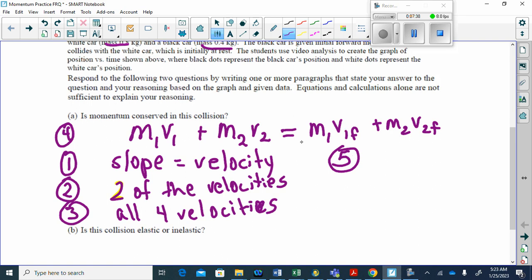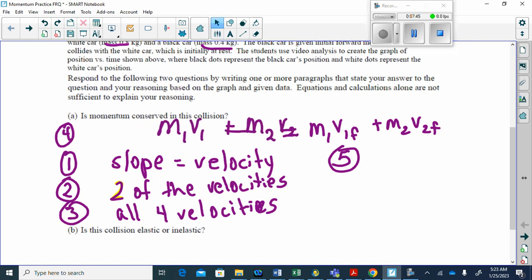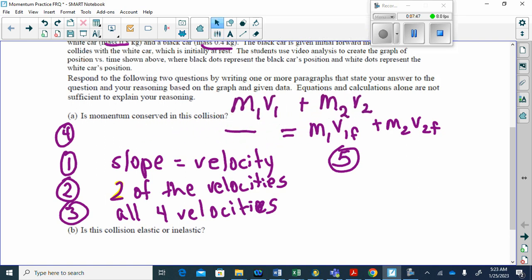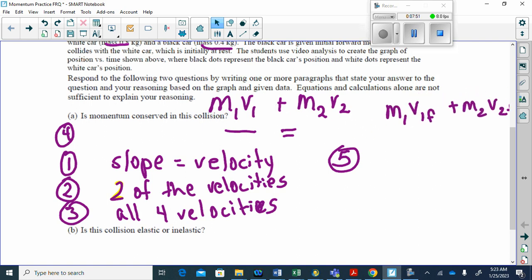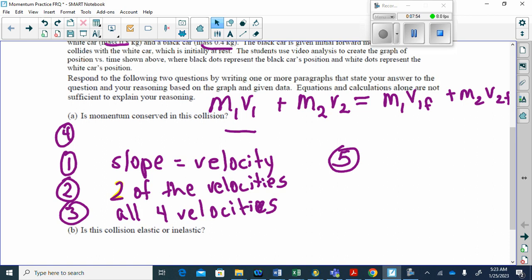And so if we take this, let me move this over here, and we'll try to calculate what the final velocity is.